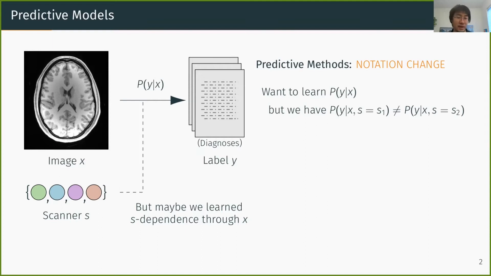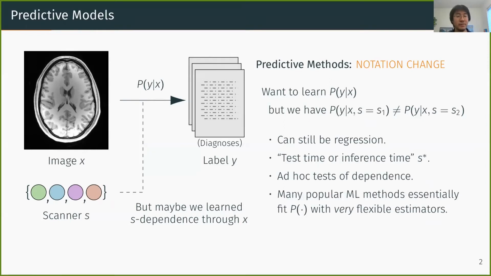And we still have the scanner context here. We still have scanner variables S confounding our analysis. And we're likely to overfit because many of the popular machine learning methods are very flexible. So we're going to learn the scanner signals.